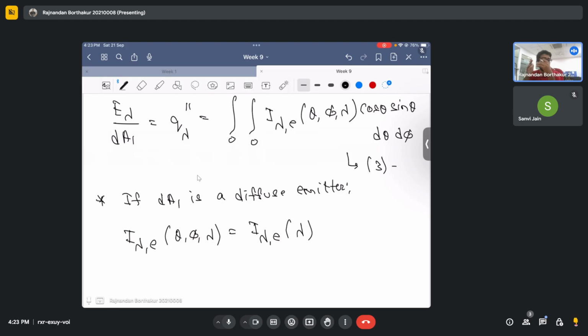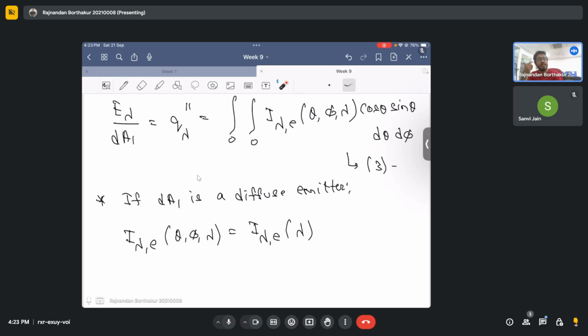It emits an equal amount of radiation in all directions, so the intensity of radiation does not become a function of the direction we are considering. And this is the property of a diffuse body.